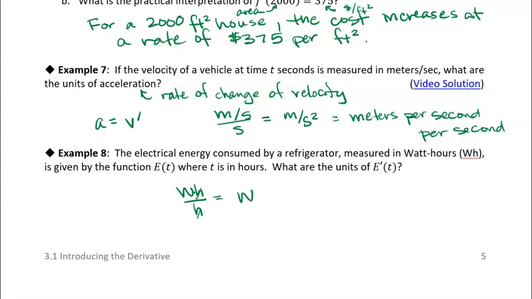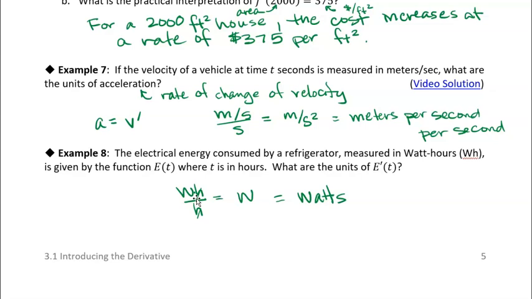So the units are often written as just W for watts, or you can write it out as watts. Watts gives you the rate at which energy is being consumed, whereas energy is just energy. Energy is in watt hours.